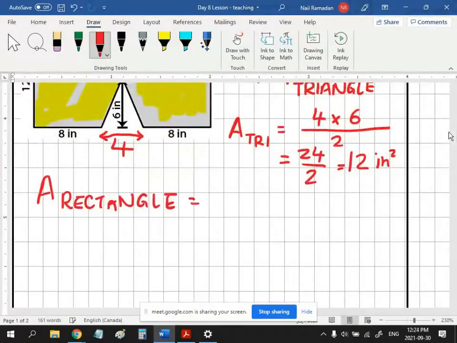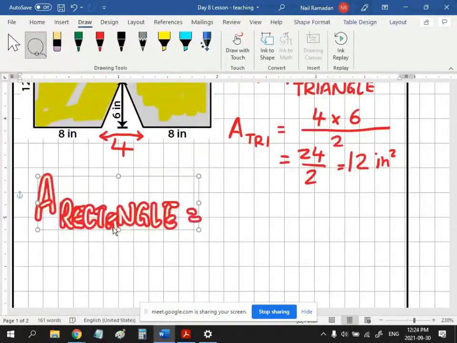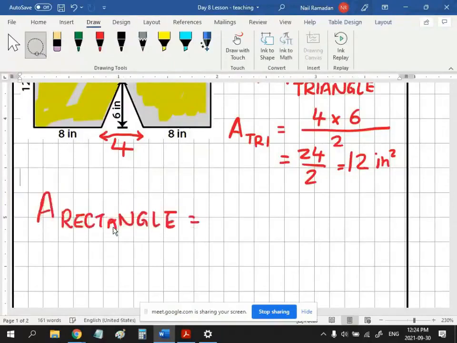I'm gonna move it down a little bit so I have more space. There we go. Equals. What's the length of the rectangle? No. The whole thing. How long is it? 20 times. How wide is it? What's the short side?